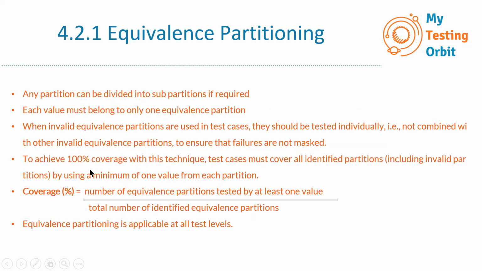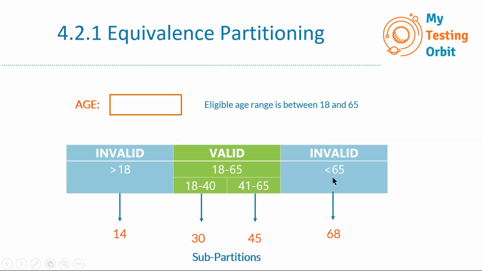And over here it says that to achieve 100% coverage, we should take all the equivalence partition classes into account. So if we have 3 equivalence classes, then we need to take one value from each partition. We just can't leave one class and take one value from only 2 classes. That will not work.